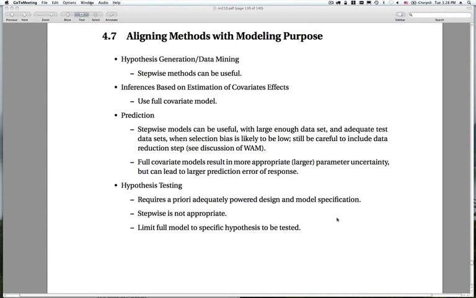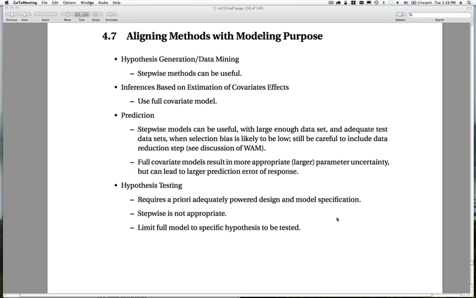So let me close here by addressing this broader view that there are different methods that can be used, and they're valid in different cases, but it depends upon the purpose. So let me categorize them in different ways.